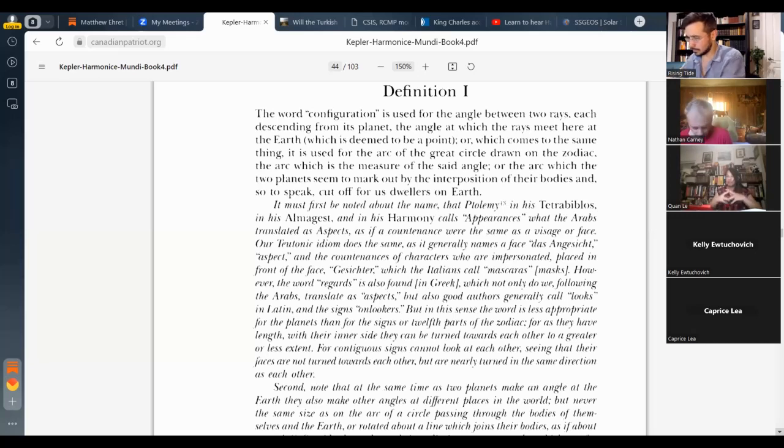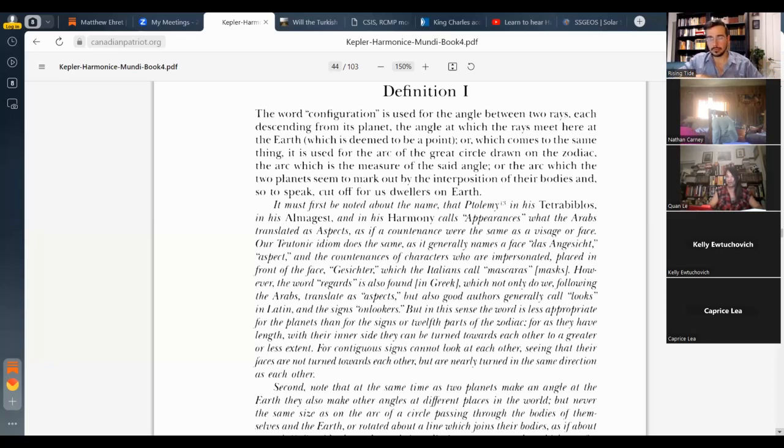It must first be noted about the name that Ptolemy, in his Tetrabiblos, in his Almagest, and in his Harmony calls appearances what the Arabs translated as aspects, as if a countenance were the same as a visage or face.